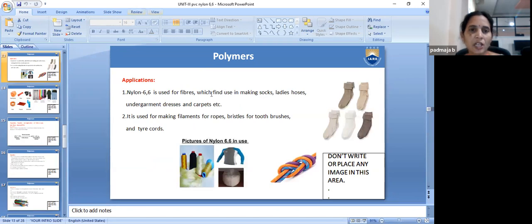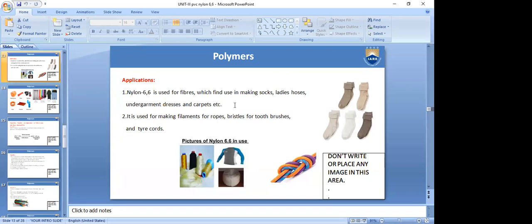Now applications of nylon 66, tell me. Applications of nylon 66: we will use it as a fiber.